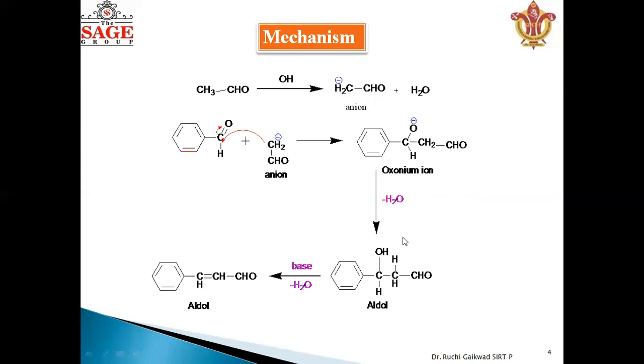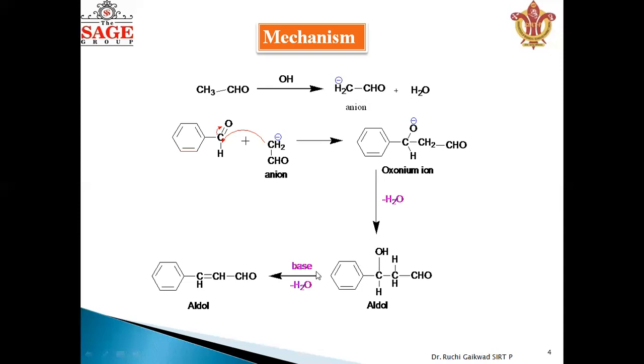Now this oxonium ion takes the proton from the water molecule. Previously, during the formation of the anion, the water molecule is generated. So from this water molecule, it leads to the aldol. Basically, the aldol has the aldehyde and the alcohol group. This is the aldehyde and this one is the alcohol group.